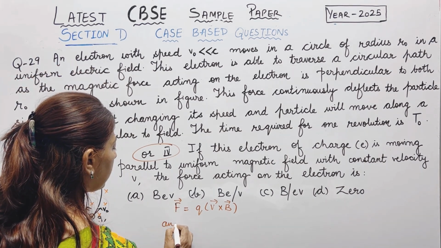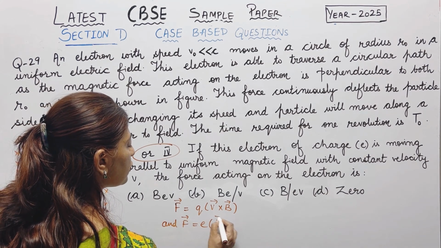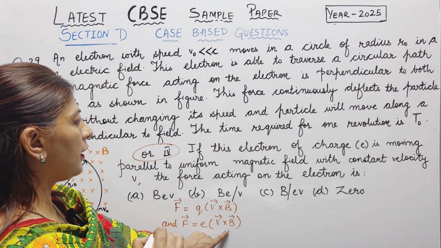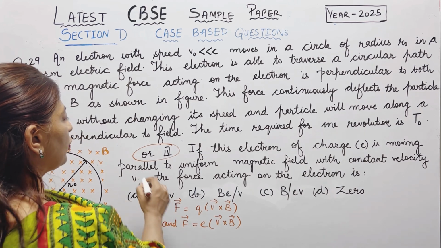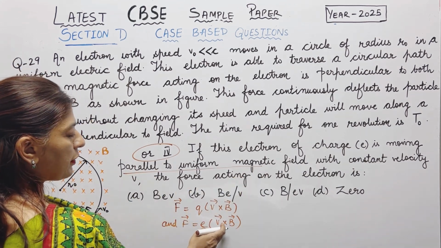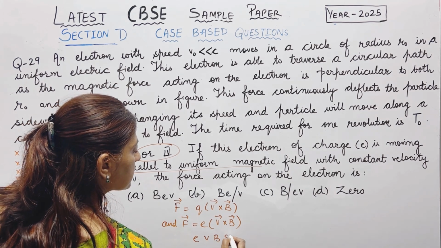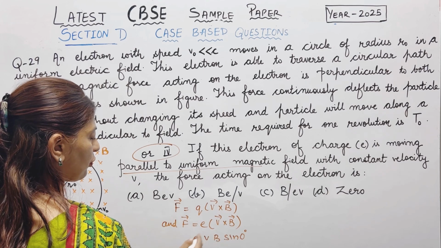And here instead of Q, electron is mentioned, so we'll replace it by e. Now, if the charge is moving parallel to a uniform magnetic field, it means e V B sine 0. In the parallel case, the angle will be 0.